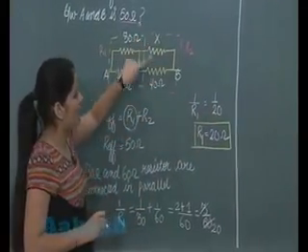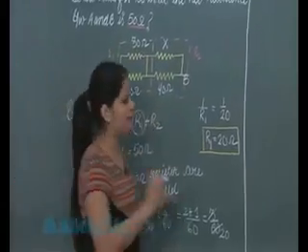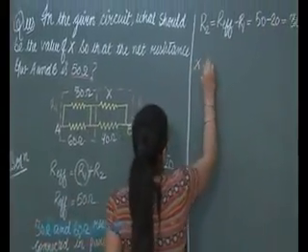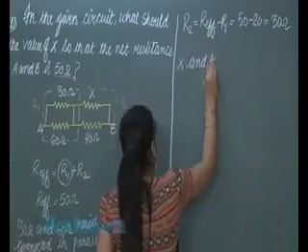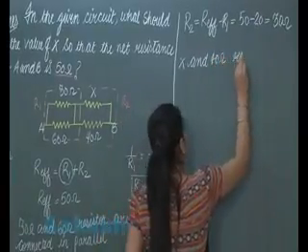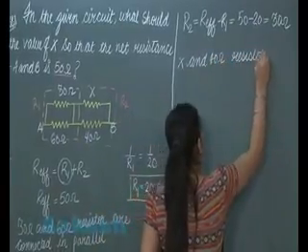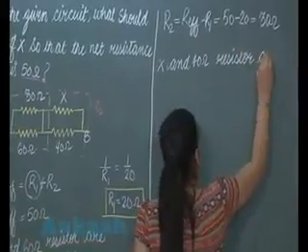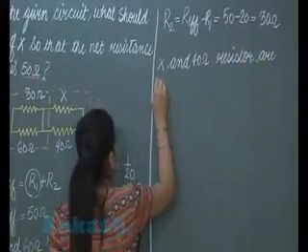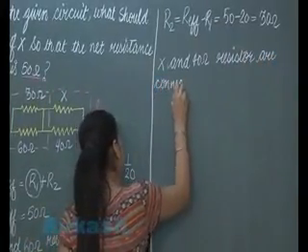Now we know X and 40 ohm resistor are connected in parallel.